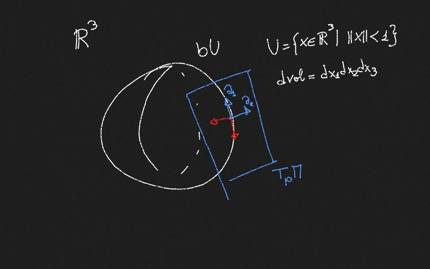If this is the first one, this is the second one, then for example this is not okay, and this is okay. So the blue one is oriented with the right orientation, the red one is not.